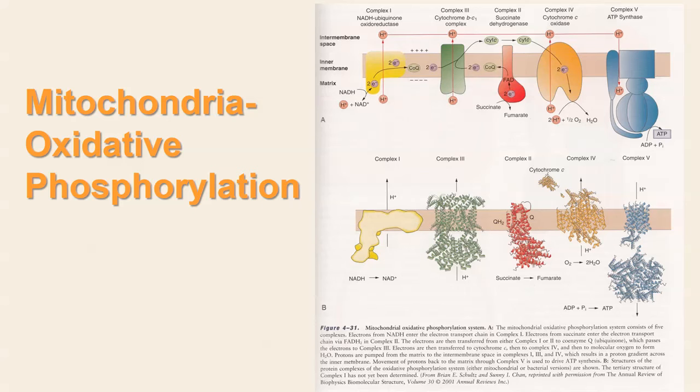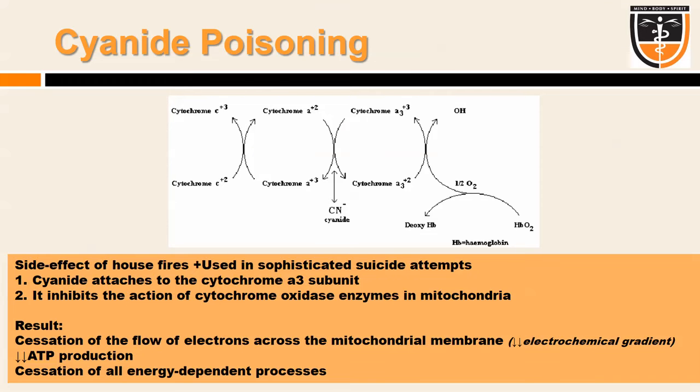So what's going to happen in the space between the membranes with these protons? There's going to be a lot of them. So they will like to go back into the matrix. As they go back, they will run the ATP synthase pump that will produce ATP. And this is how we produce energy.